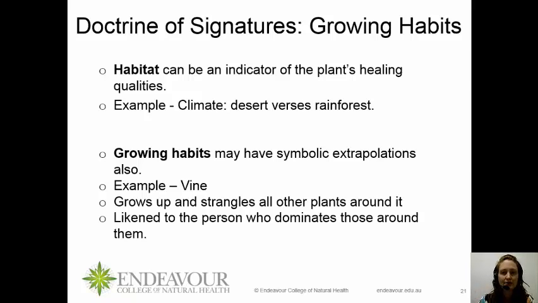Or something like a vine. Think of a vine that grows over the top and sometimes suffocates and kills the plant that it's growing over. What kind of personality perhaps is similar in that way?